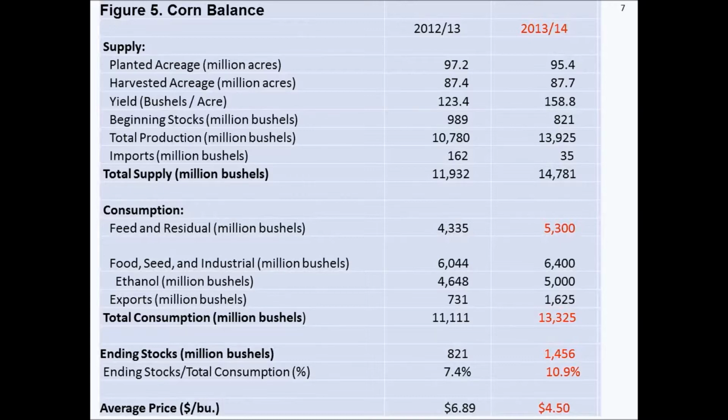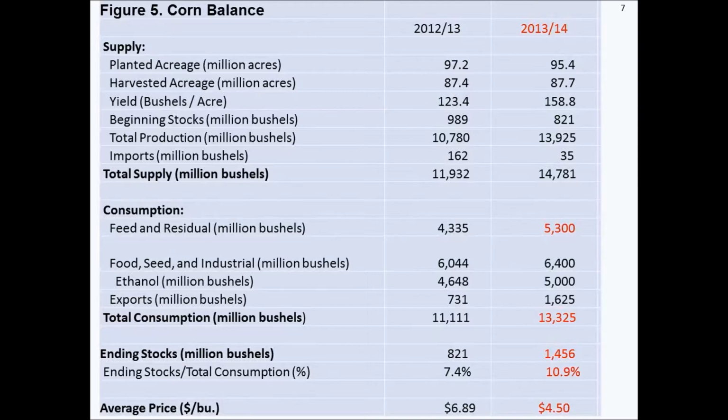So what should we expect this year? What kind of a seasonal pattern should we expect? Disappearance as calculated as a percent of USDA's projection of 5.3 billion bushels would be 73% this year. So is 73% the right number to expect in terms of the seasonal pattern this year?